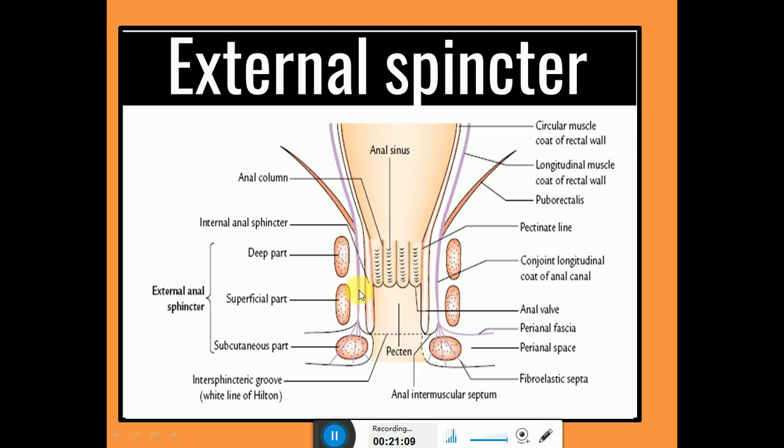How is this conjoint longitudinal coat formed? You can see this is the puborectalis. It is attached with the longitudinal muscle coat of the rectum, and they both merge and form the conjoint longitudinal coat of the anal canal. Right? So till here, is that clear to all of you?